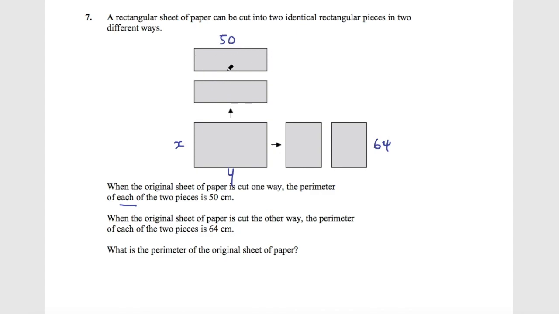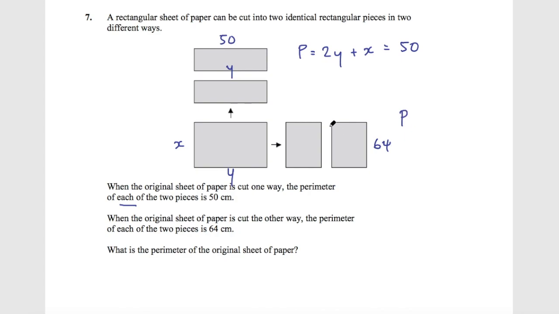So if this length is y, the perimeter would be 2 lots of y, and then this is going to be a half x, and this will be a half x. So it's going to be 2 lots of y plus 1 lot of x to get the perimeter, and that equals 50.